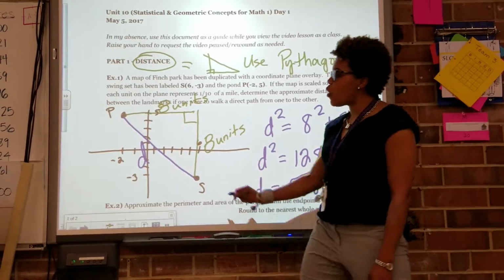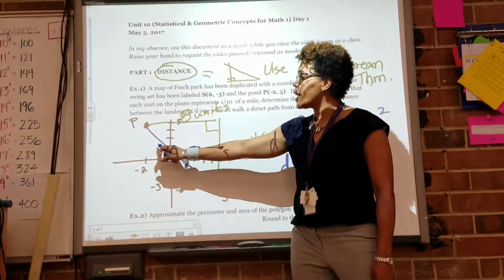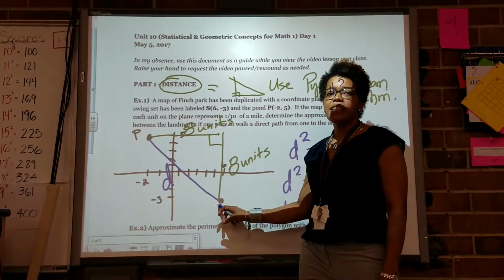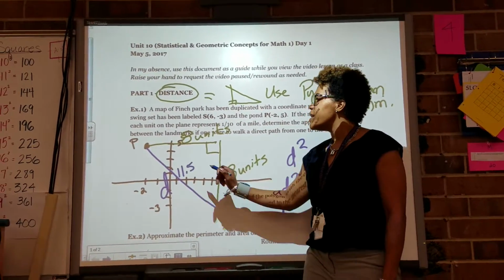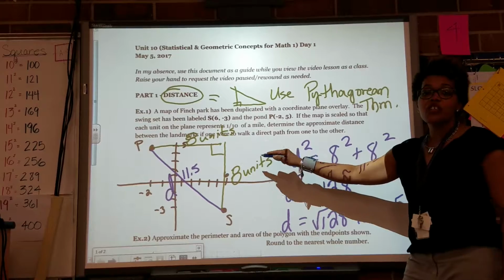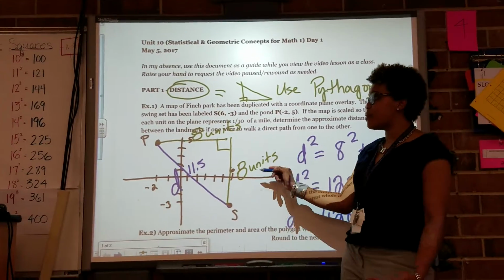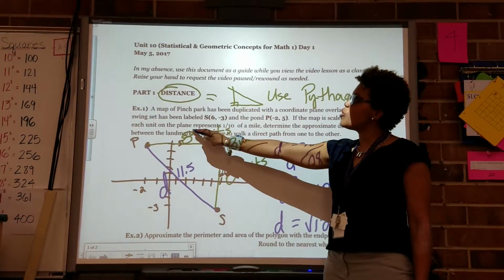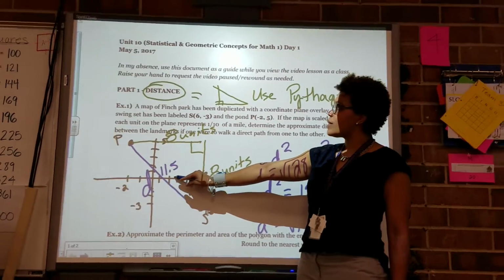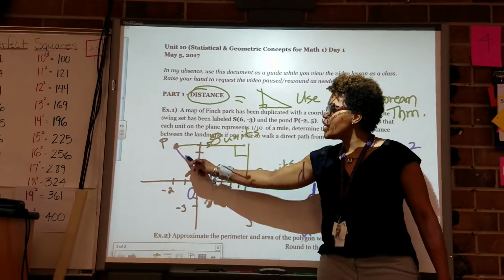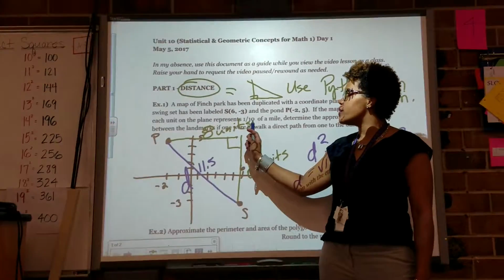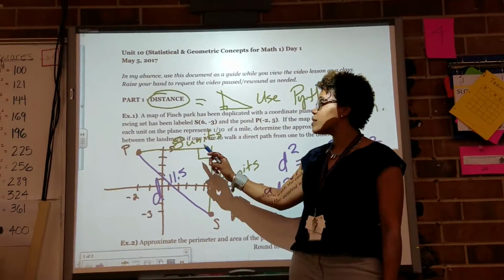So if I know that on the drawing this is 11.5 units, I'm not going to choose the answer choice 11.5, because the story says each unit on the diagram represents 1/10 of a mile. So I have 11.5 of these 1/10 of a miles.